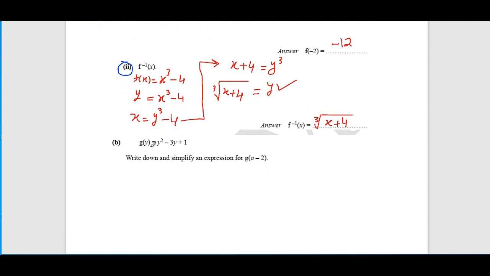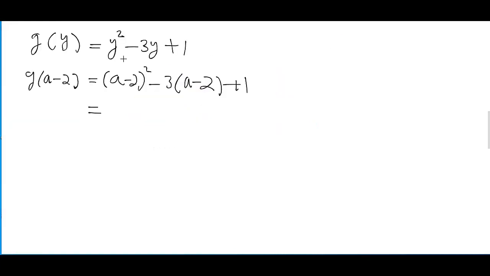In the next part, g of y is y squared minus 3y plus 1. Write down and simplify an expression for g of a minus 2. So we have to plug in a minus 2 for y in this function. We just plug in a minus 2 for y, and now we'll open this. It is up to you whether you use the identity or not.